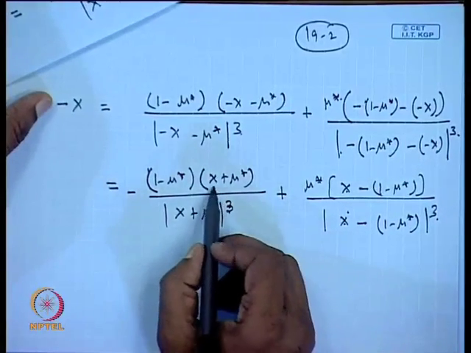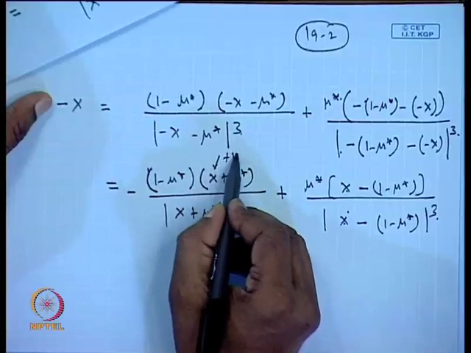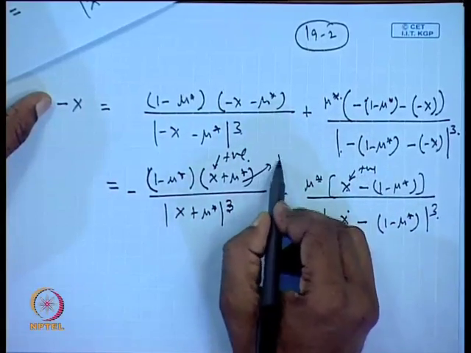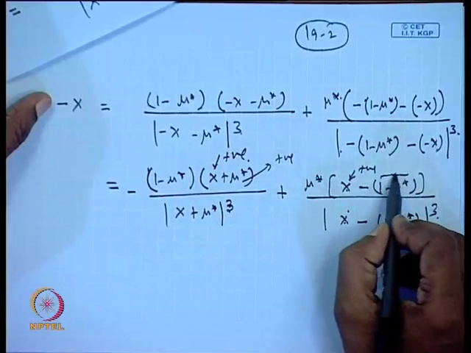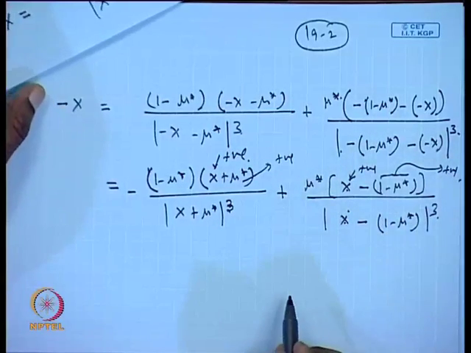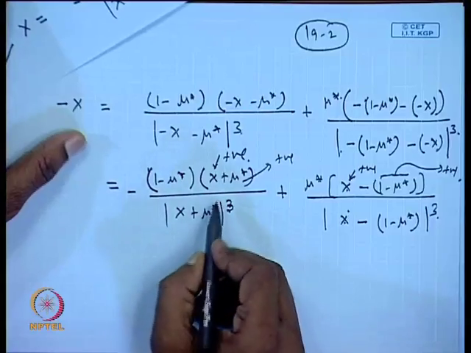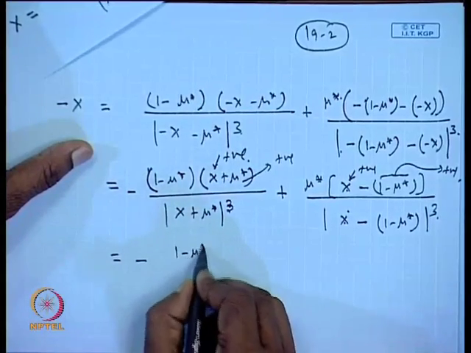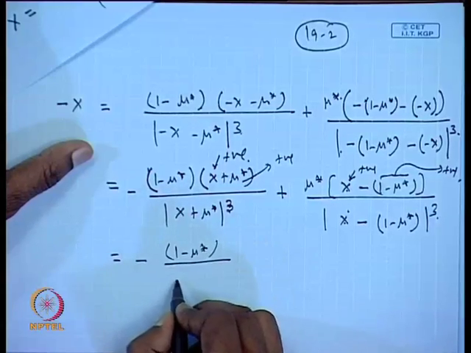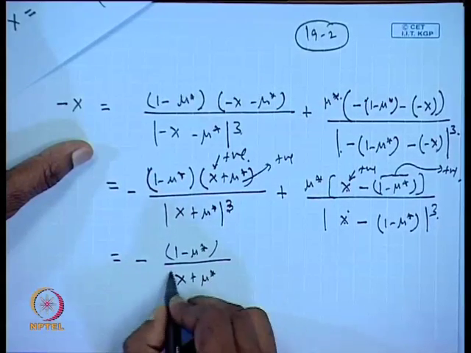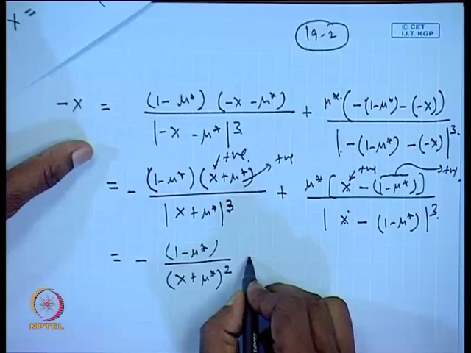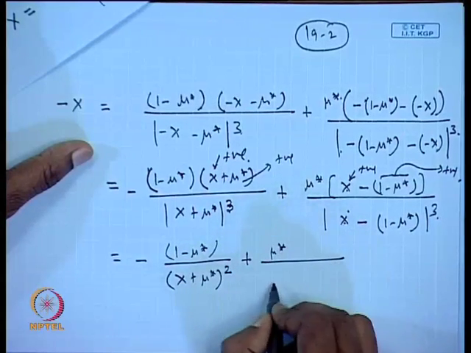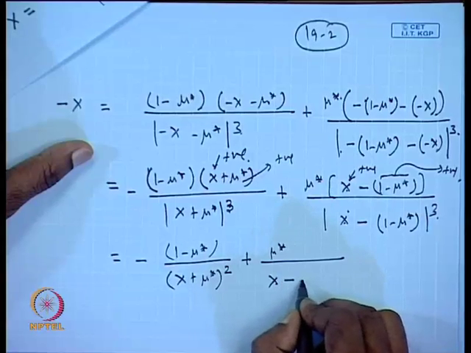If you look at this quantity, x is positive here, mu star is positive, and 1 minus mu star is also positive. Therefore, we can cancel the numerator and the denominator, and we can write this as x plus mu star whole square plus mu star divided by x minus.